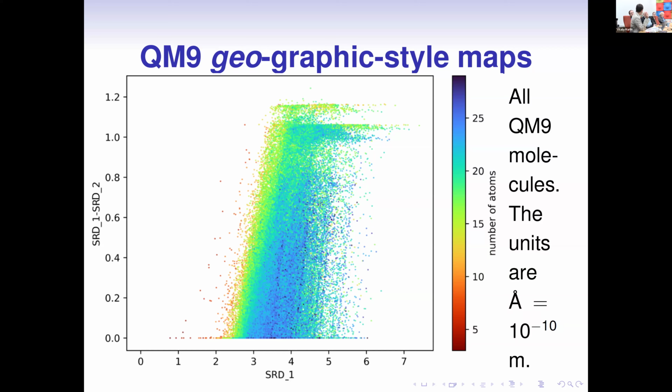I think O3 is not in QM9, but a good question. What if you have an equilateral molecule of 3 atoms? Can you briefly describe the values SRD 1, 2, 3? We'll simply have 3 copies of the same value, probably. Right, because it's an equilateral triangle, so the distance from the center of mass to 3 vertices will be equal.